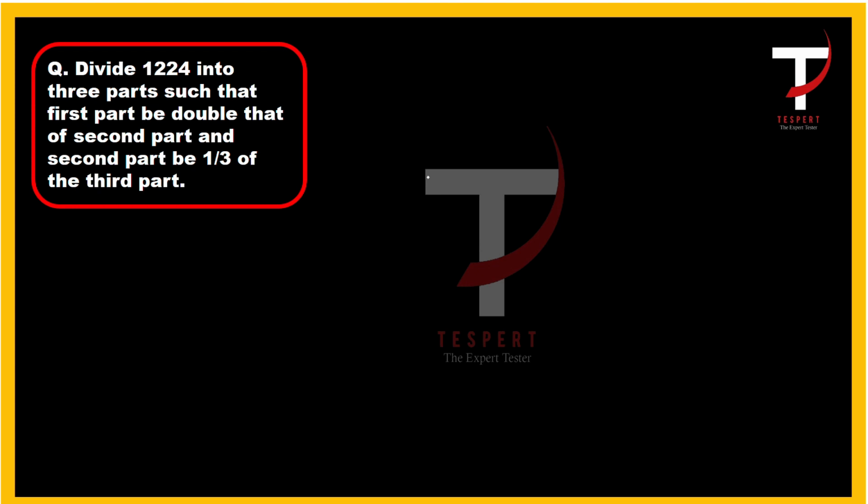So here we have 3 parts, A is to B is to C, right? So if B is, let's say, x, the first part must be double that of the second part, so A must be 2x, right?